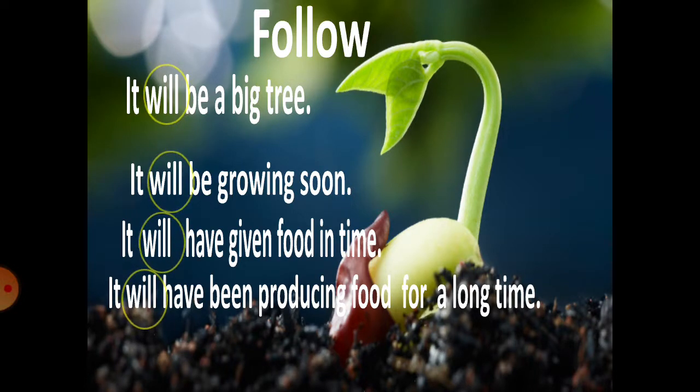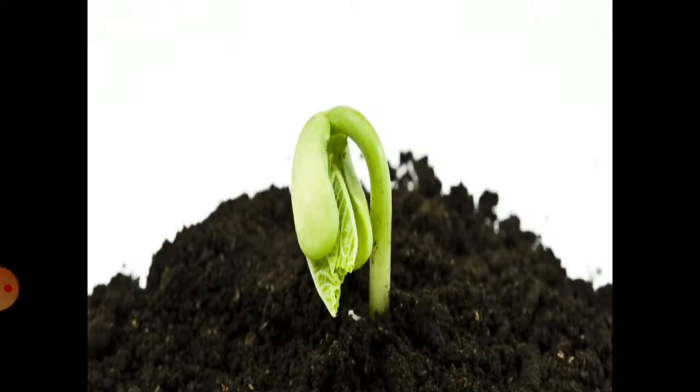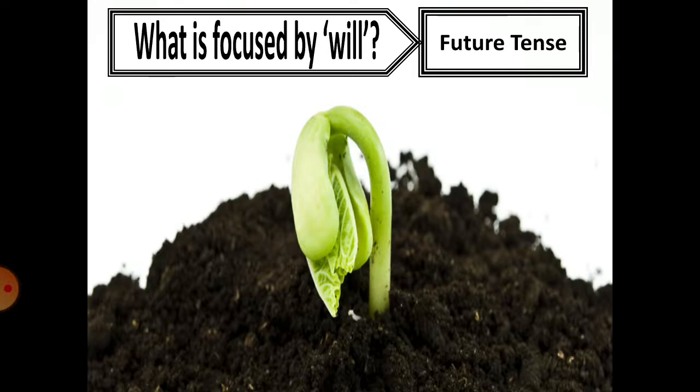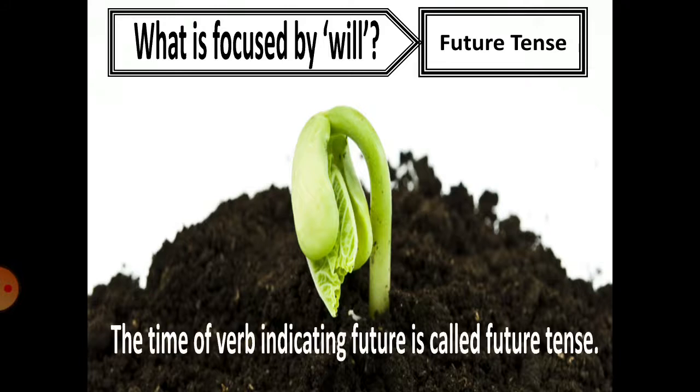Have you figured it out? What is that indicating? It's indicating future tense. If any sentence has will, then we call it future tense. The form of a verb indicating future time is called future tense.